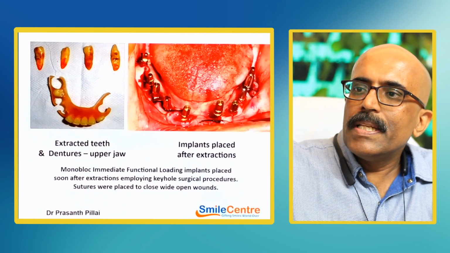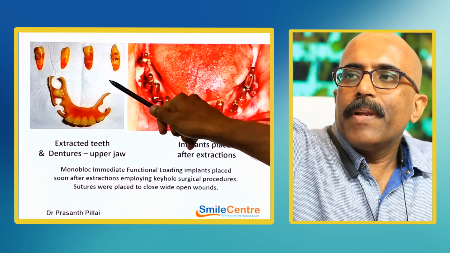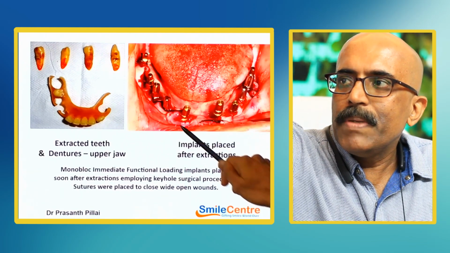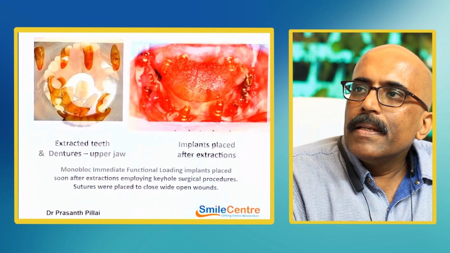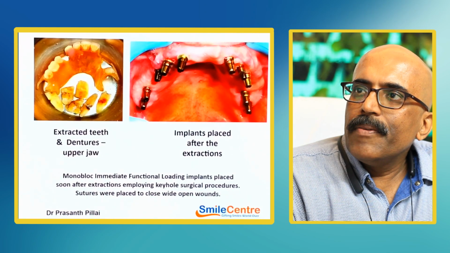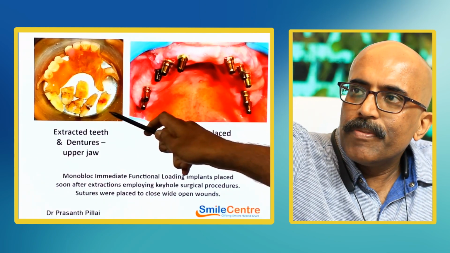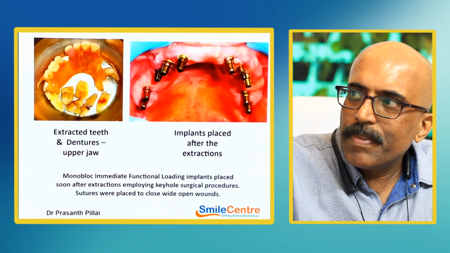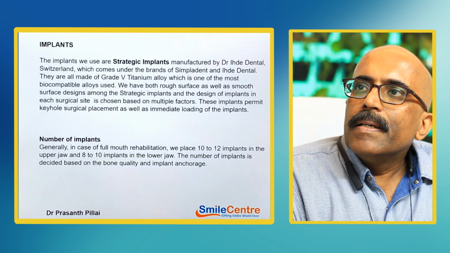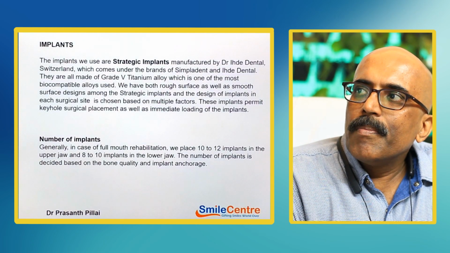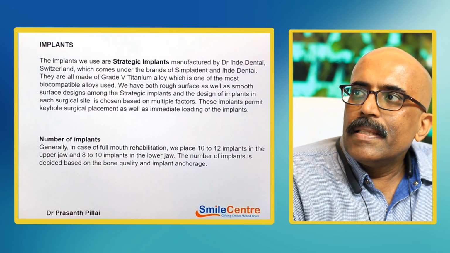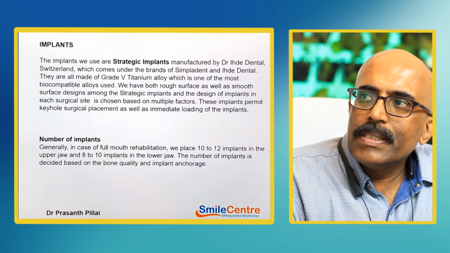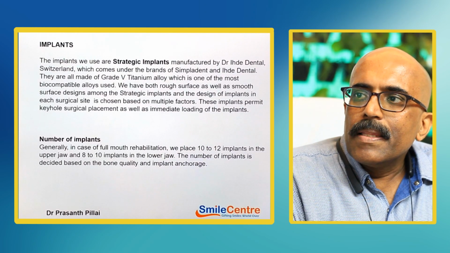So this is the first day where we've extracted the lower teeth and we've immediately fixed the implants under local anesthesia. And the very next day we went ahead and did the upper jaw. We've extracted all the upper teeth and placed implants. And the implants are all from Dr. Ihde Dental, Switzerland, and they are known as the strategic implants.